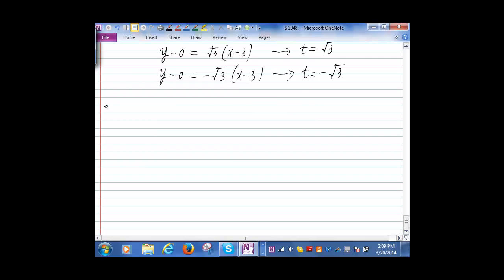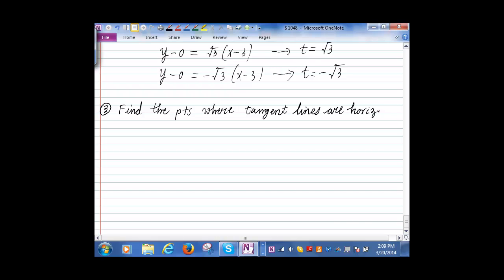Another part of the question would be, let's say I want to find the points where the tangent lines are horizontal, right?